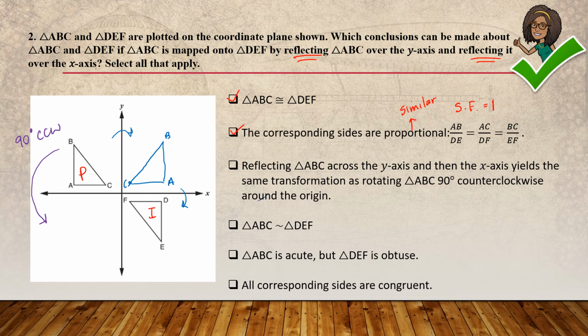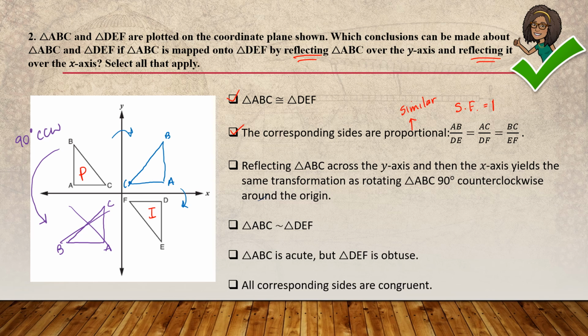That would change this figure to look like this, where this would now be C, this would be A down here, and that would be B. So clearly this rotation of 90 degrees counterclockwise does not meet up with the final image that we have here, so we can't say that's true.